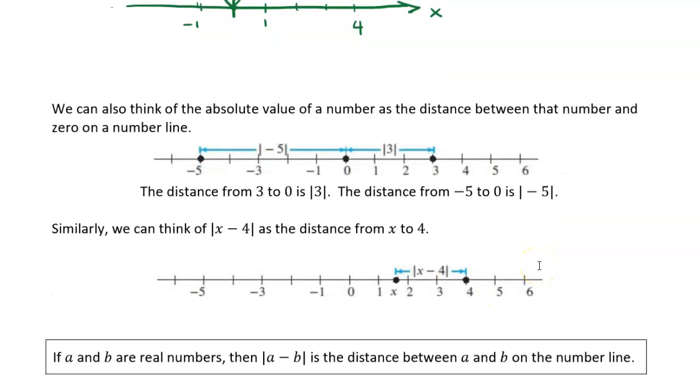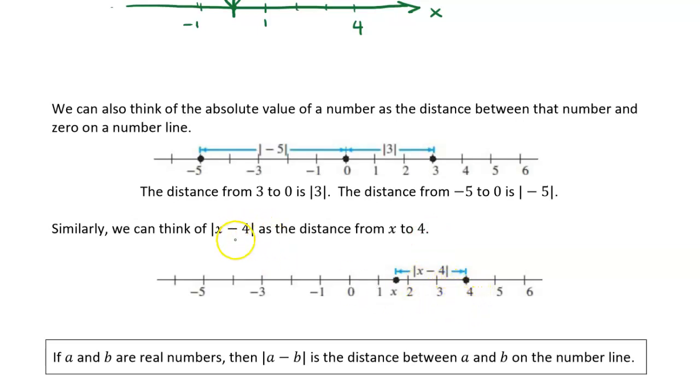We can also measure distances from points other than 0. So if we take the difference between two values, it gives us a distance, but depending on whether we subtract the bigger from the smaller or the smaller from the bigger, we could end up with a negative number. So if we just want to know how far something is from a point, we can just take the difference between the 2 points.